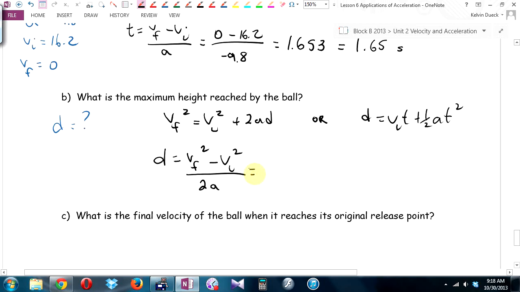It's going to be 0 squared, take away 16.2 squared, all over 2 times negative 9.8.